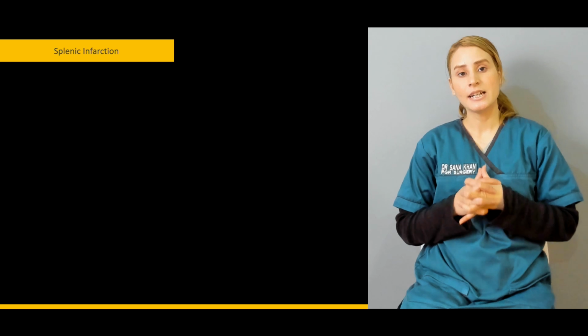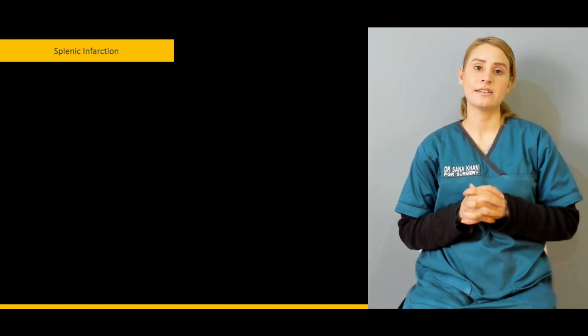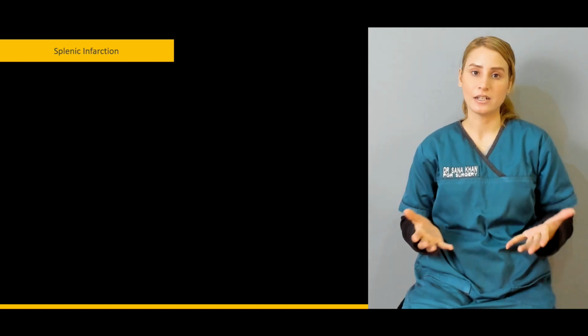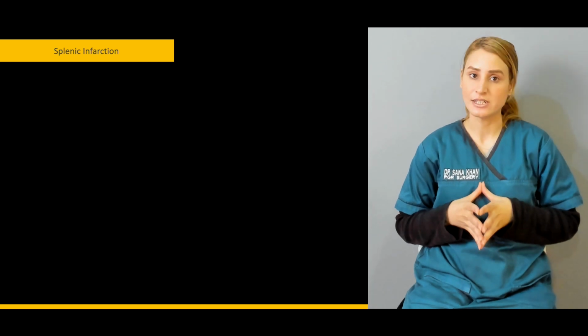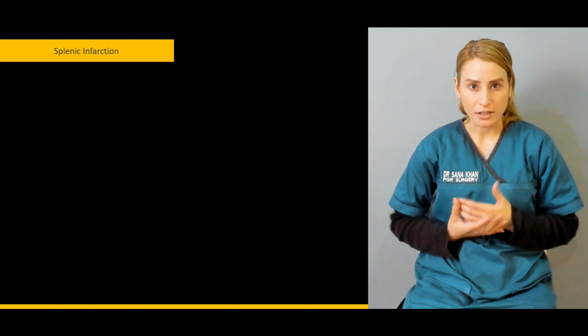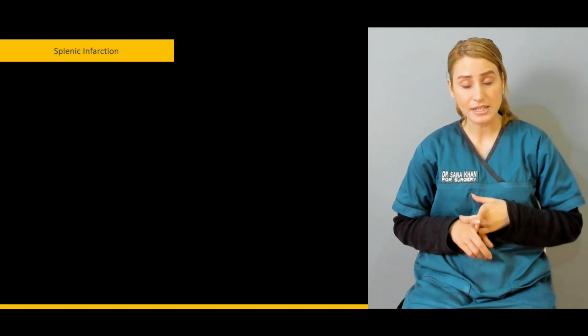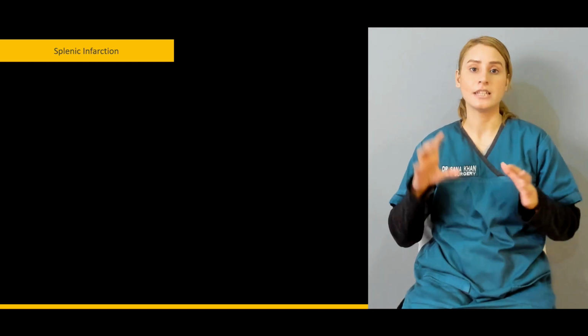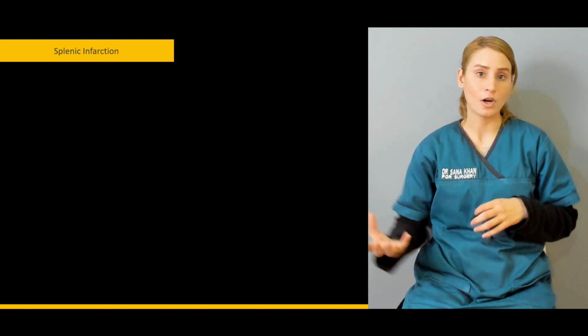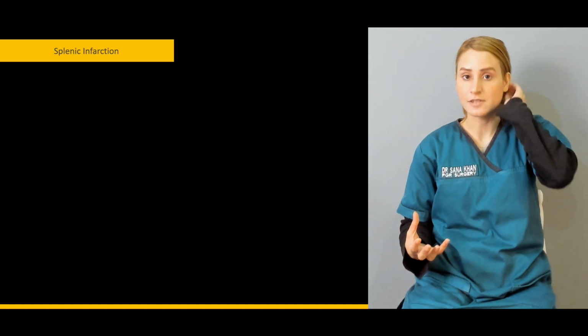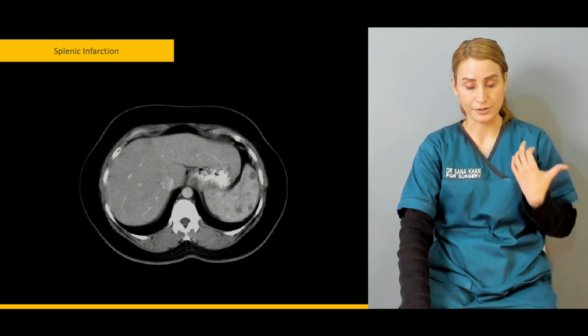Another important thing we can encounter in case of the splenic lesions is the splenic infarction, and it can be secondary to myeloproliferative disorders. It can be because of intra-abdominal sepsis. It can be because of vaso-occlusion, maybe because of splenic artery occlusion or splenic vein occlusion.